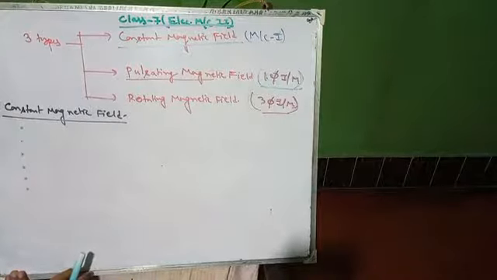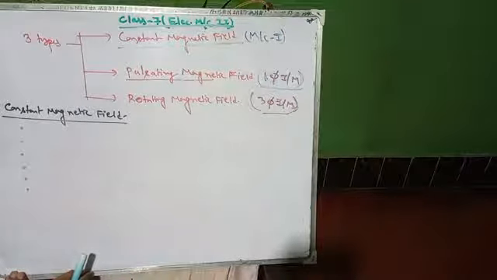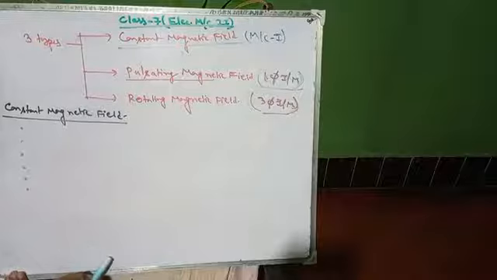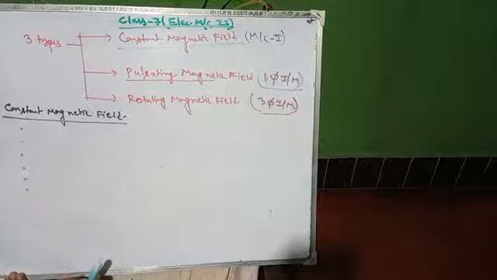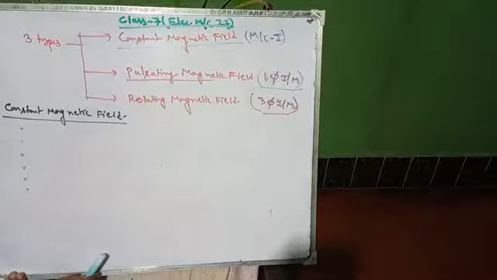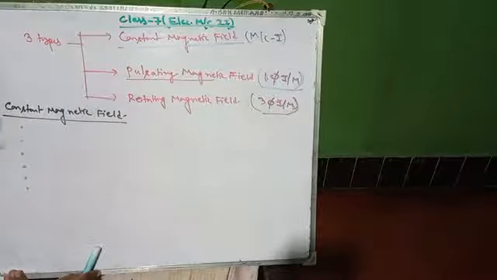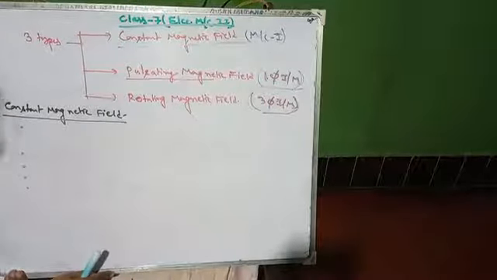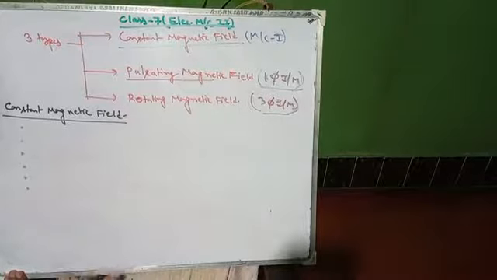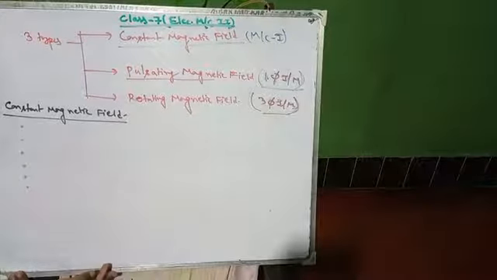A constant magnetic field can be produced by any steady state current flowing through any conductor, or from a uniform magnetic field developed by a permanent magnet.